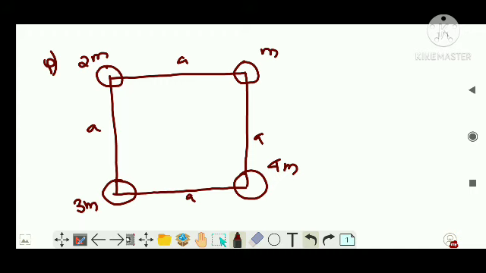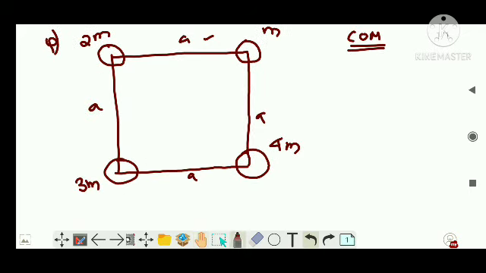You are asked what is the center of mass of this system having 4 particles. How would you do it? Just like the previous cases, always take one mass as origin. So I am taking this one as origin. You can take this one also, there is no wrong.